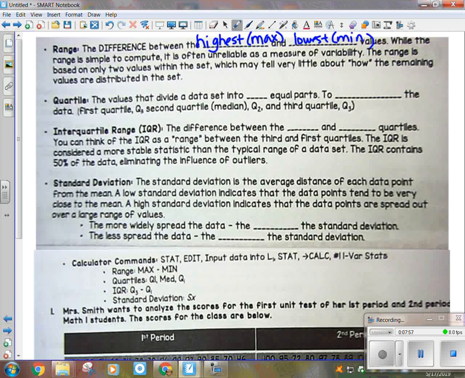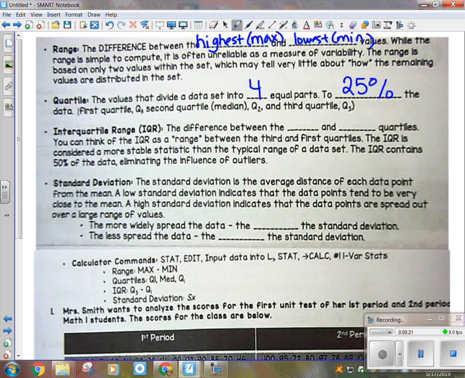Okay. Quartile. The values that divide the data set into how many? 4 equal parts. And they divide them into 25% of the data. We don't have that. Okay.